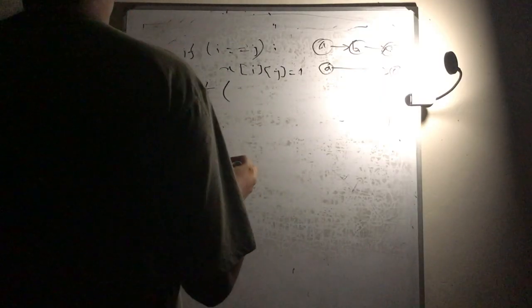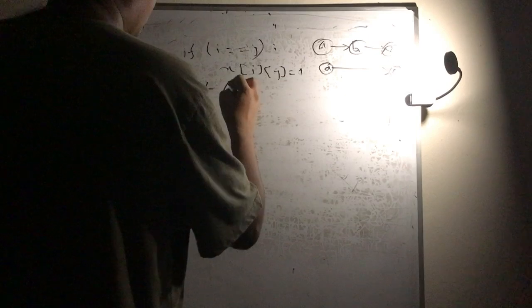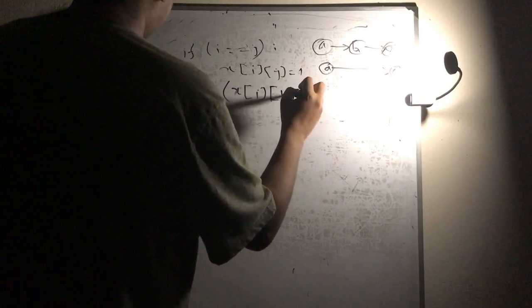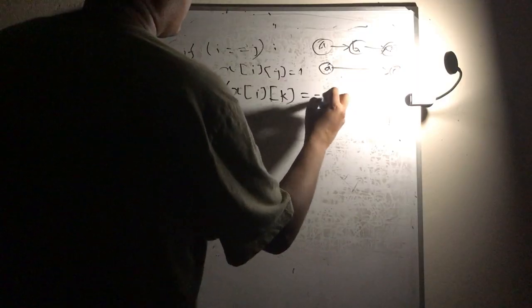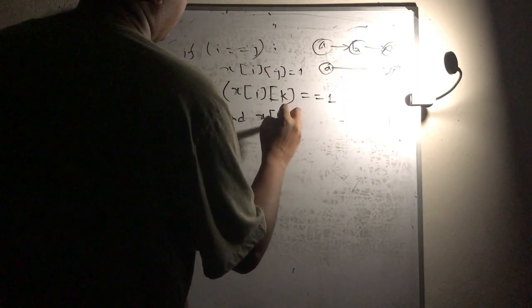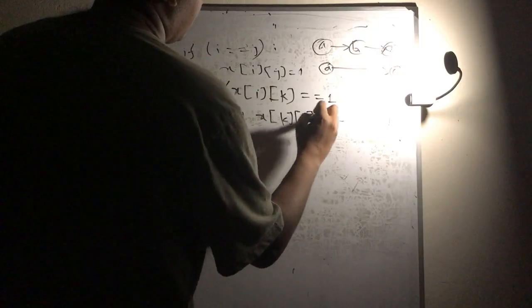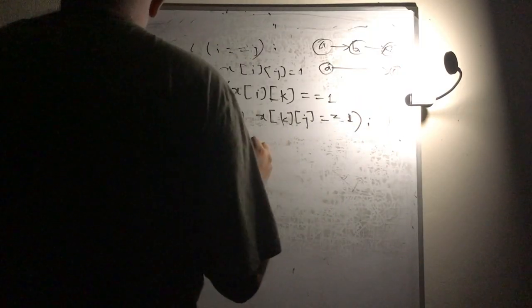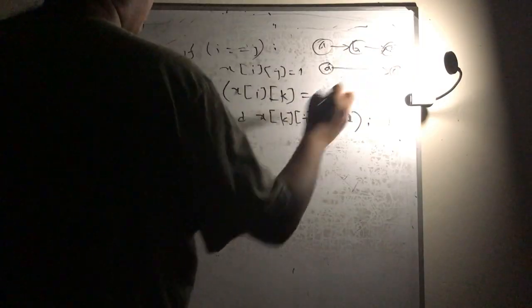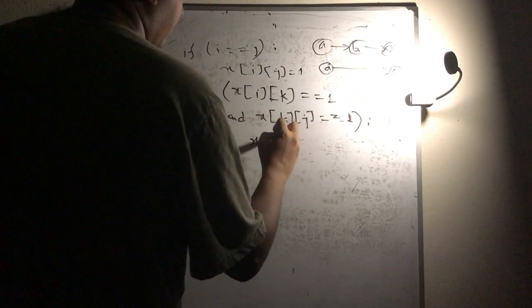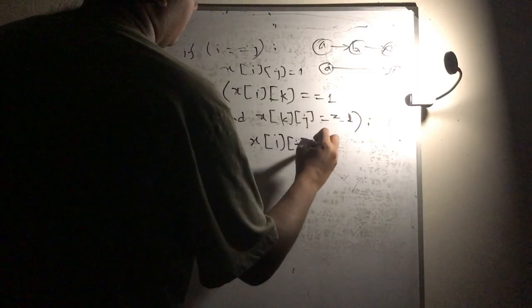So we can say A to C is valid in the transitive closure. So if x i to k equal 1 and x k to j equal 1, then we add this part in the transitive closure, x i to j equal 1.